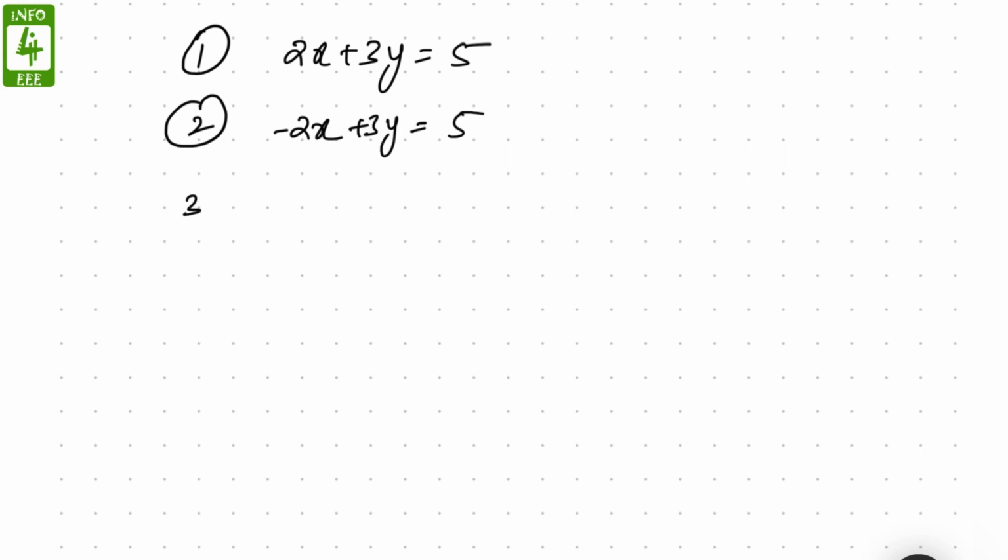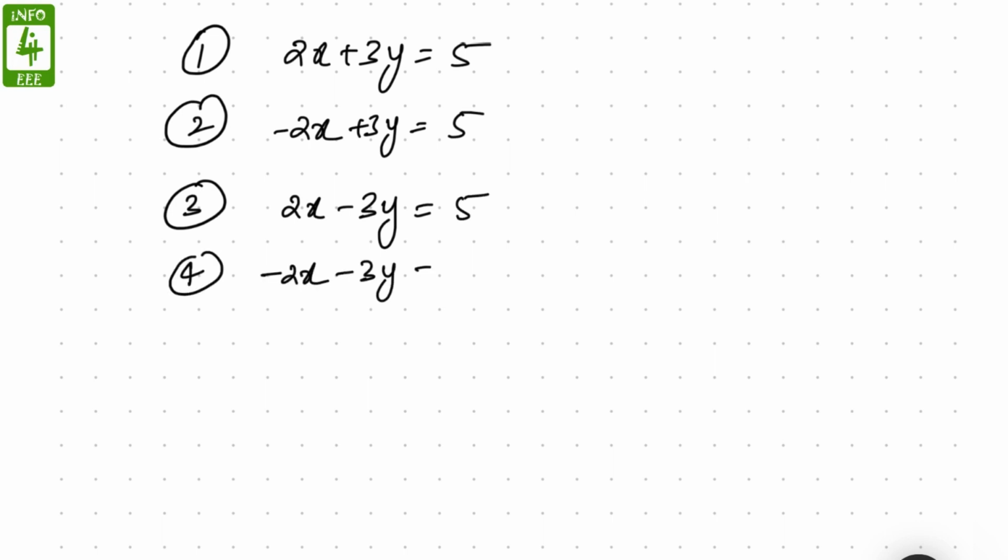But if you have a standard equation like 2x plus 3y is equal to 5. This is the first example. The second example is minus 2x plus 3y is equal to 5. The third example is 2x minus 3y is equal to 5. The fourth is minus 2x minus 3y is equal to 5, or you can also write this as 2x plus 3y is equal to minus 5.